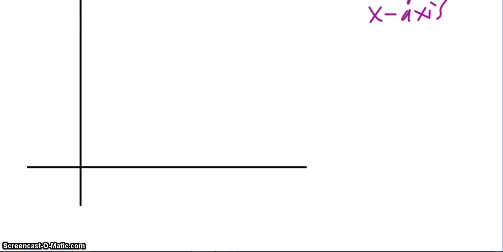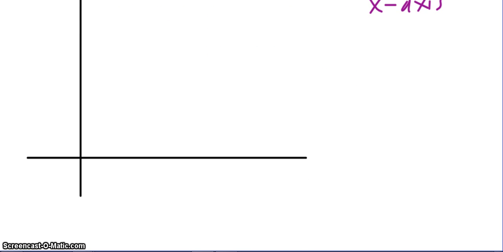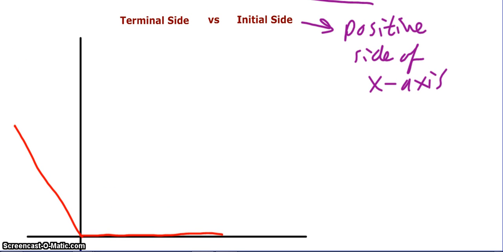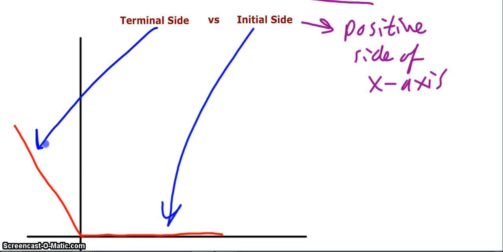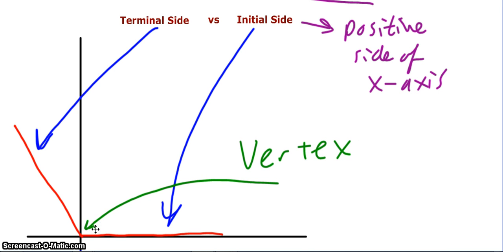So if I take my coordinate axes here and I sketch some angle like this, here this is the initial side and this is what we call the terminal side, and then we have the vertex of the angle, and that's going to be right here. So this is an angle in standard position.